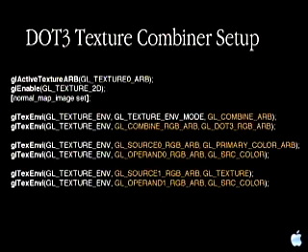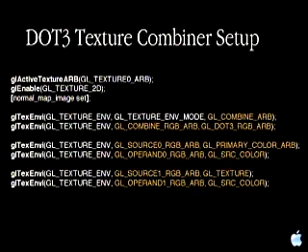Here's the code that corresponds to the first stage. We're using the first texture unit as the normal map, so we bind the normal map to the first texture unit. Additionally, we set the texture combine operation to dot 3.